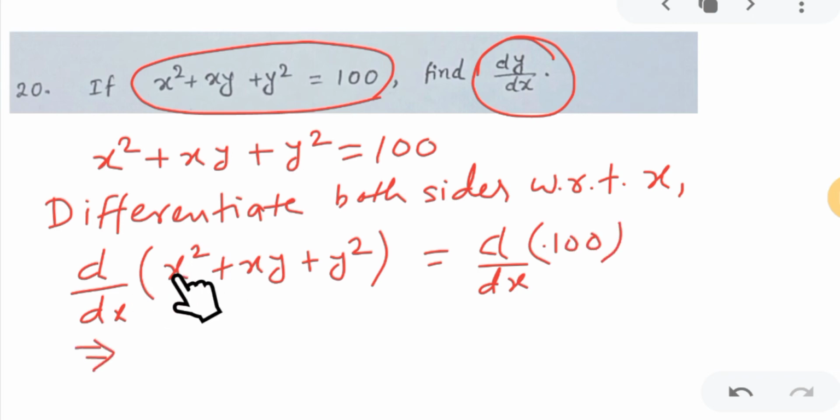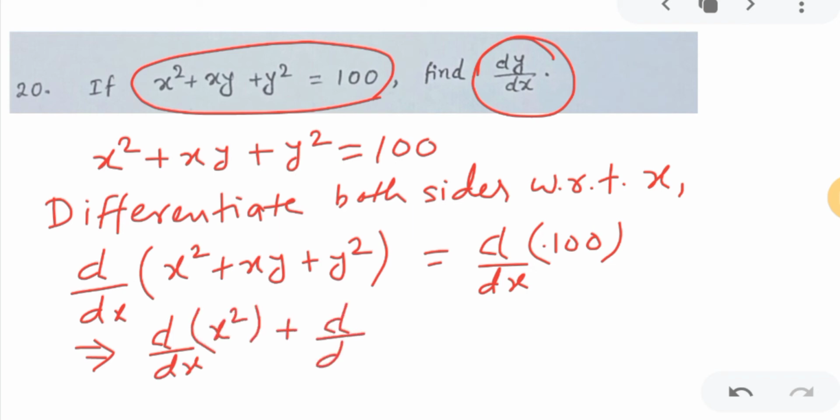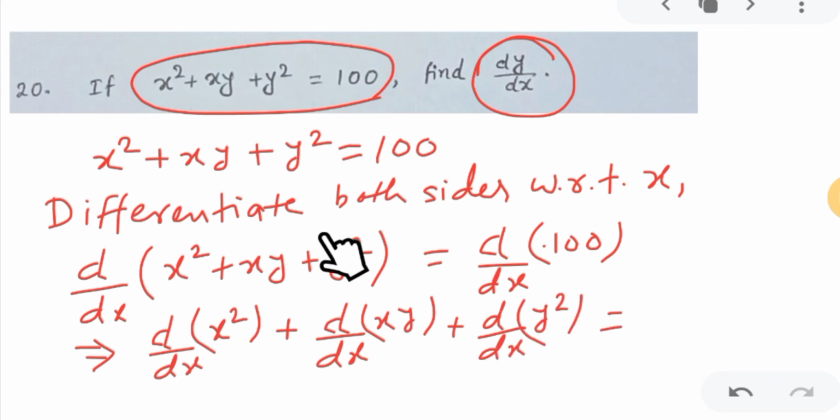So on the left side, first I will use the algebra of derivatives. I will find the derivative of each term separately, correct. You can do the derivative directly also, but I am doing it in detail. So the derivative of the first term plus the derivative of the second term plus the derivative of the third term, and on the right side the derivative of a constant term. I discussed many times that the derivative of any constant term is 0.